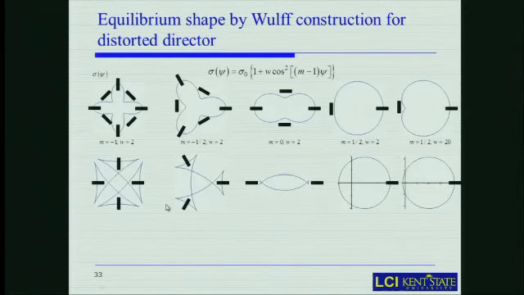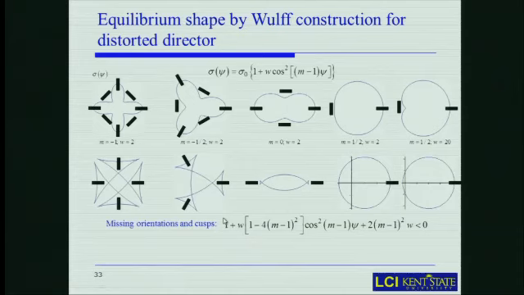So then if you know the polar plot of the surface tension, you can reconstruct the shape because the shape is nothing else but the pedal of the polar plot. And here are some examples for different disclinations. Here is disclination -1/2, and this is how the isotropic core of this disclination would look like. Now, it turns out that the shape might form cusps and ears, which correspond to non-physical orientations of the nematic-isotropic interface.